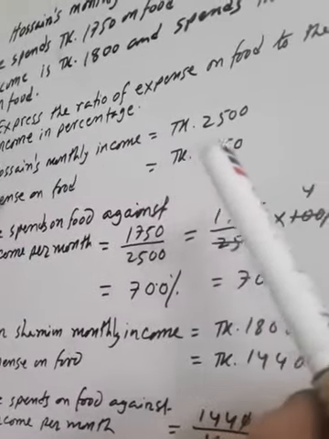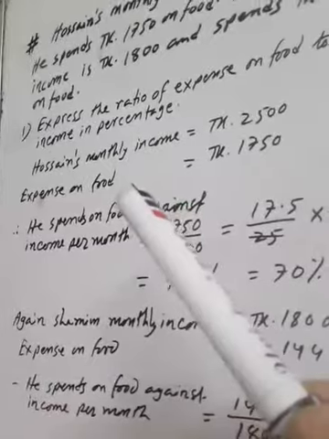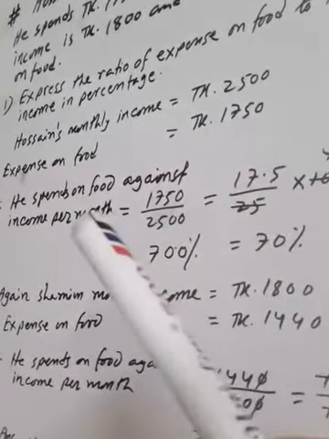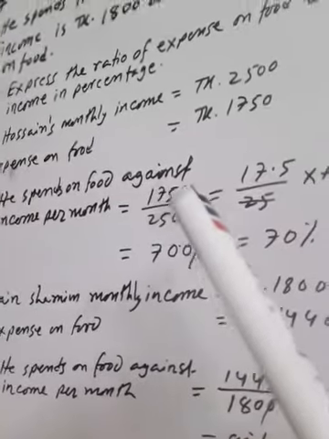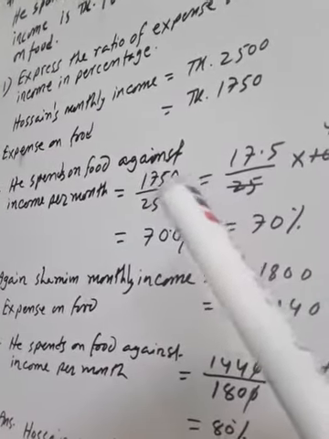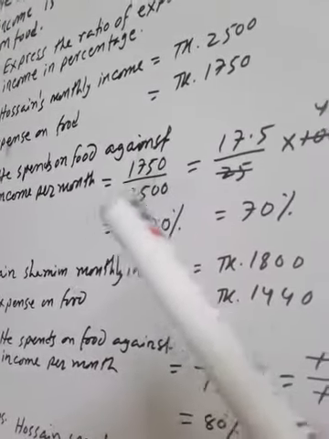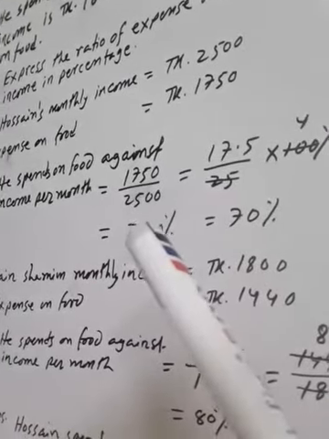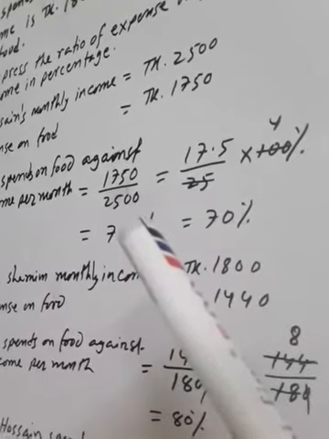Given Hussein's monthly income 2500 and expense on food 1750. He spends 1750 on food against a monthly income of 2500.